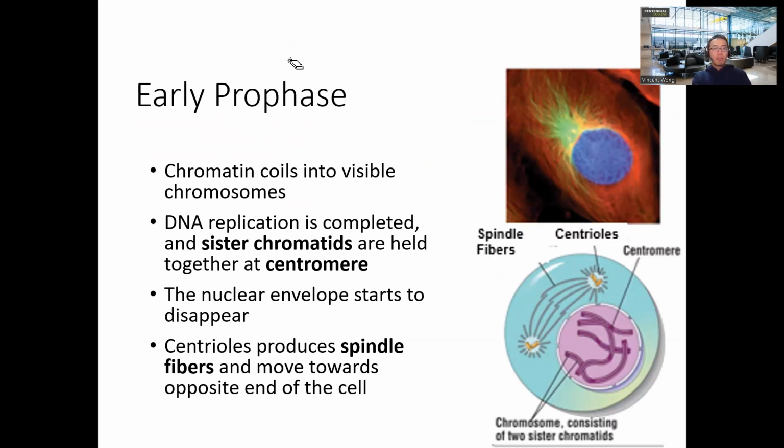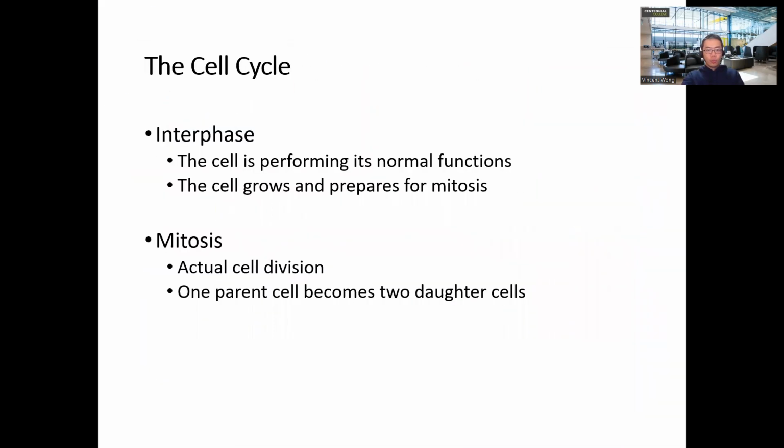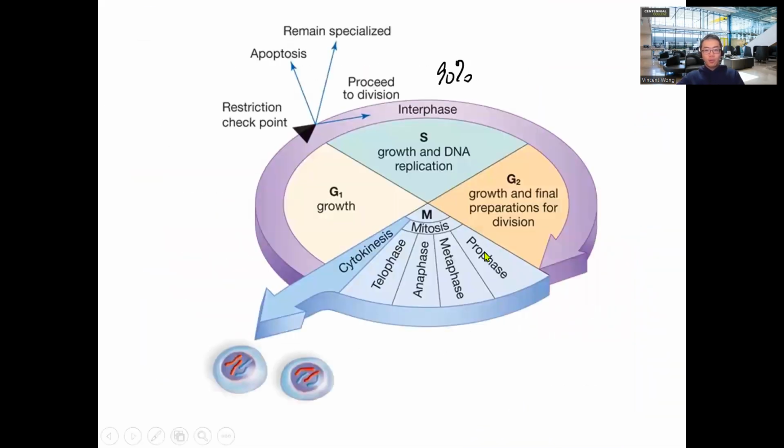By the time you get to prophase, DNA replication would have been completed. Sorry for jumping back and forth, but I need to show you what I'm talking about. Prophase is right here. It's the first step in mitosis. If the cell is allowed to get all the way to prophase, it means it was allowed to copy its DNA. So by the time you get to prophase, DNA replication would have been completed already.